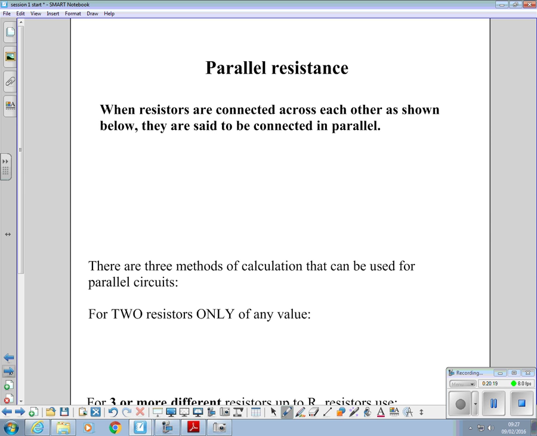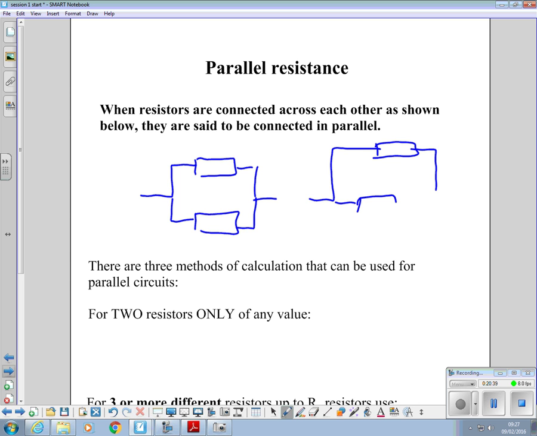Next bit, parallel resistance. When resistors are connected across each other, so if we have a circuit like this, and we could have any number of them, I'll make that one have 3, those resistors are connected in parallel. They'll have the same voltage across each of them, but there'll be a different current flow through each resistor because it's got multiple paths.